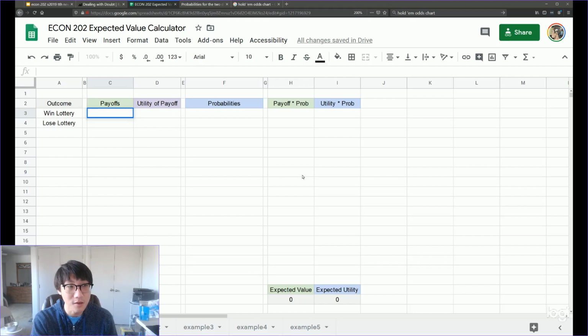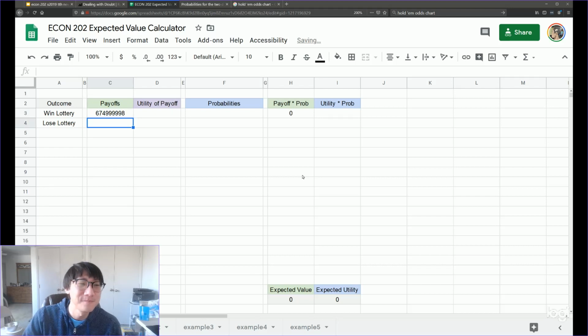With these cells, you want to type in an equal sign and put in the number $675 million. And actually, technically, it's $675 million minus the $2 that you paid for the lottery ticket. So we're going to subtract 2 from that.